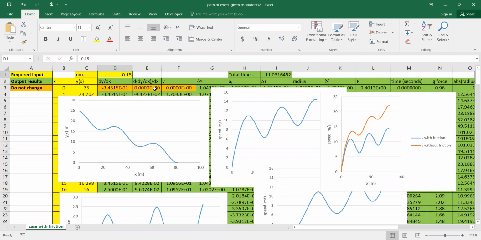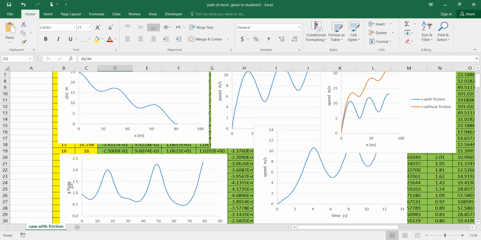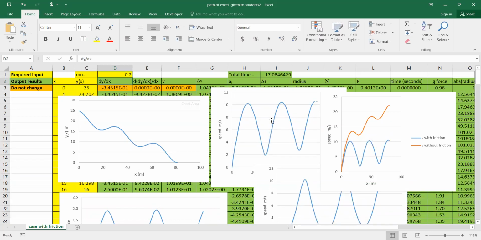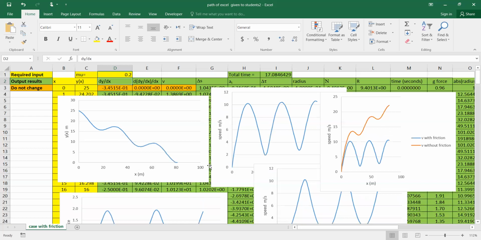There's a value of friction factor which will stop the particle. See here again the value. The particle may stop somewhere here at a given friction. Let's see 0.2. The G force is becoming less.